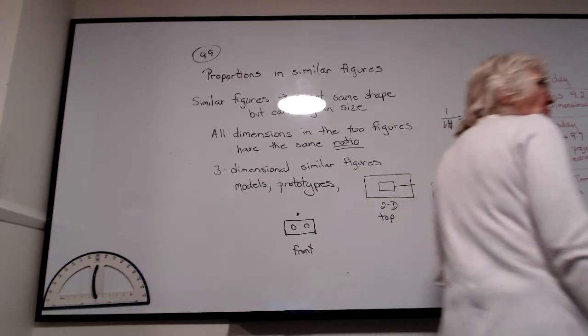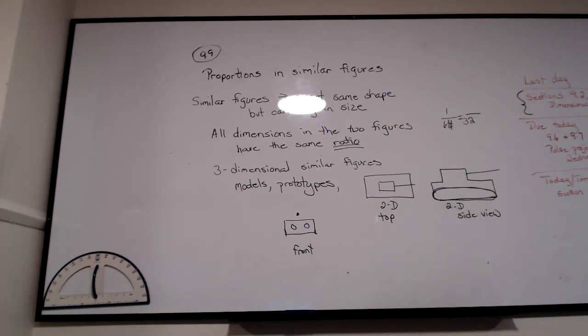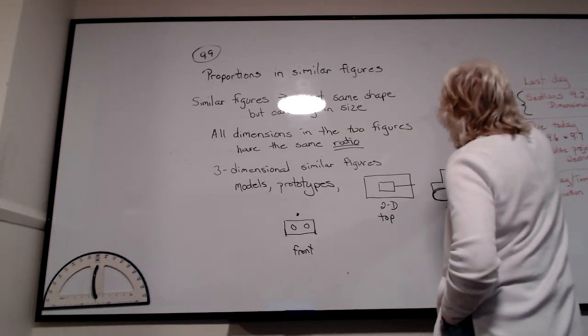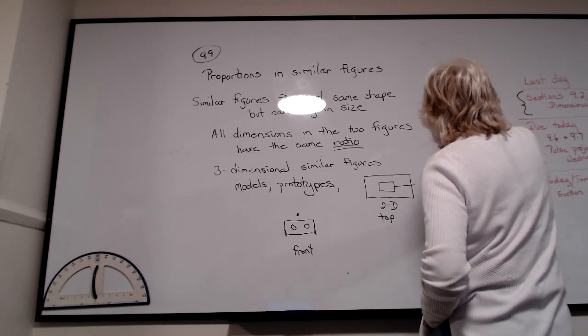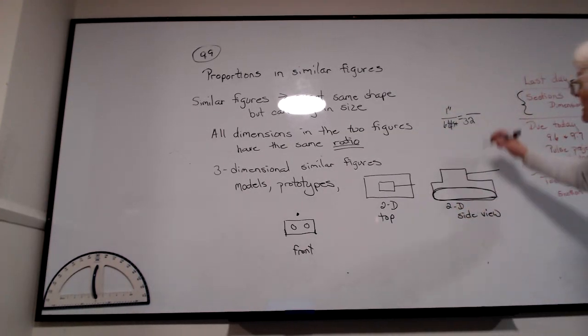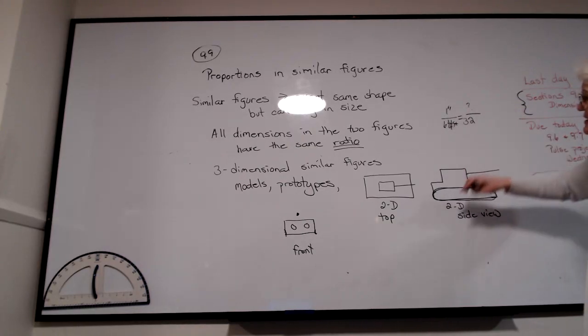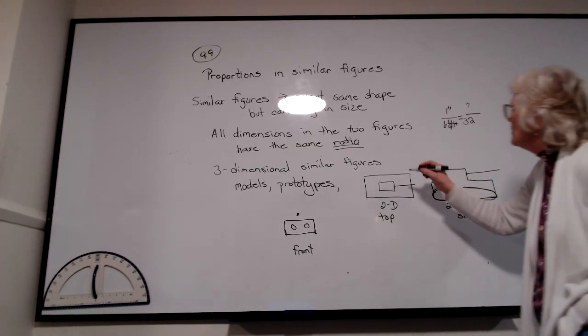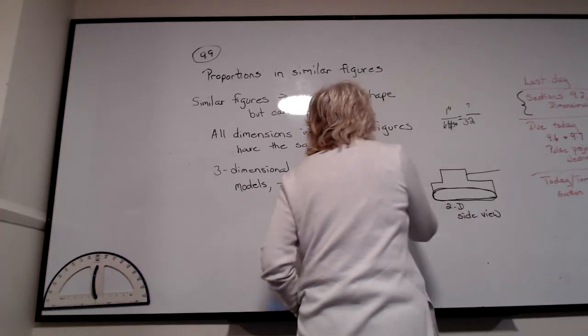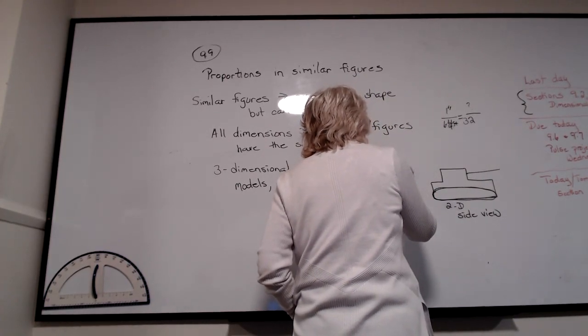What we would do then is figure out how big we're going to make it. We could do this as 1 inch to 64 feet. I want to know how many inches it's going to be long, because what we found out was in real life, this is 32 feet long.